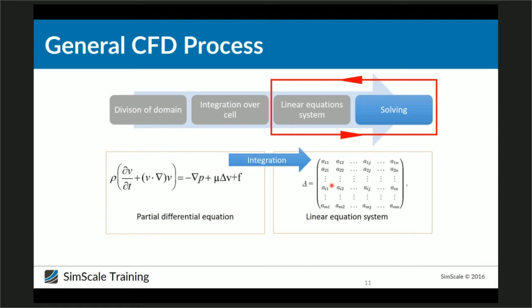And what will happen, and that's another very important point of CFD, is that we cannot solve this linear equation system directly. We can only solve it numerically. So we cannot apply, for example, some methods we know, like decomposition methods. Basically, the solution we need in the end is a very, very large vector or set of large vectors.